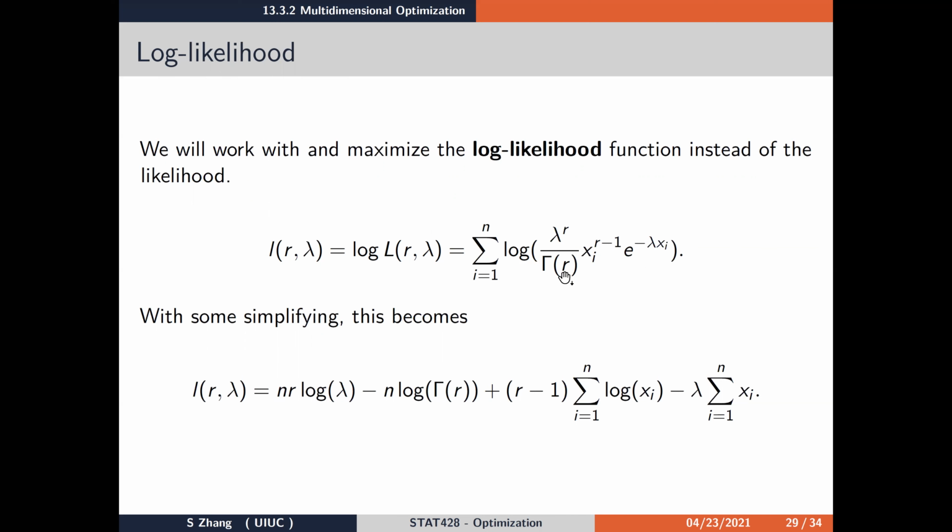The log likelihood is given by small l, which is the natural log of the original likelihood function. By taking the log, this becomes a summation from 1 to n of the log of the original gamma density for x_i. With some algebraic manipulations and simplifications, this will become n times r times log of lambda minus n times log of gamma evaluated at r plus r minus 1 times the sum of the log x_i's minus lambda times the sum of the x_i's.